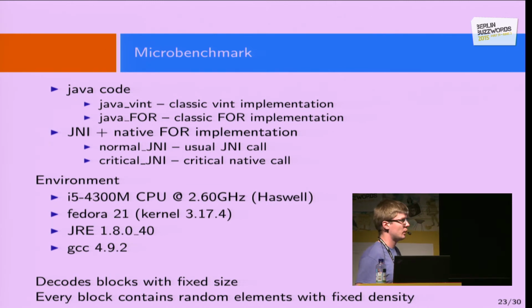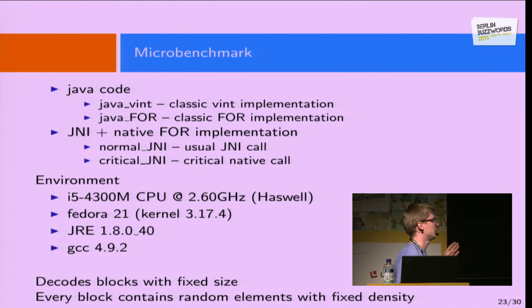My environment is pretty modern. It uses the latest CPU family, Haswell, to utilize huge vector instructions. A modern Linux kernel, the latest official Java, and a modern GCC compiler for the native implementation.